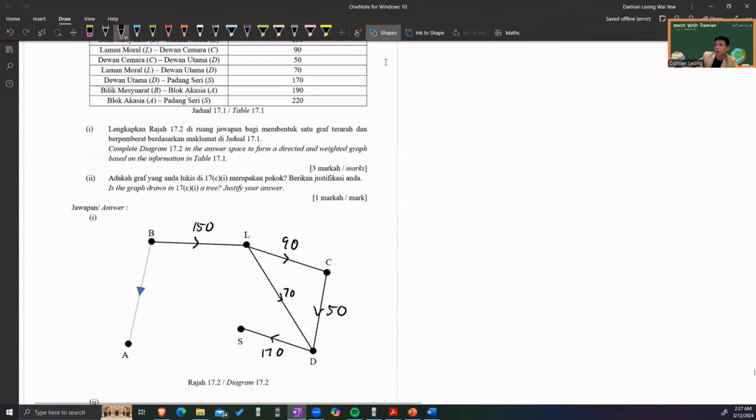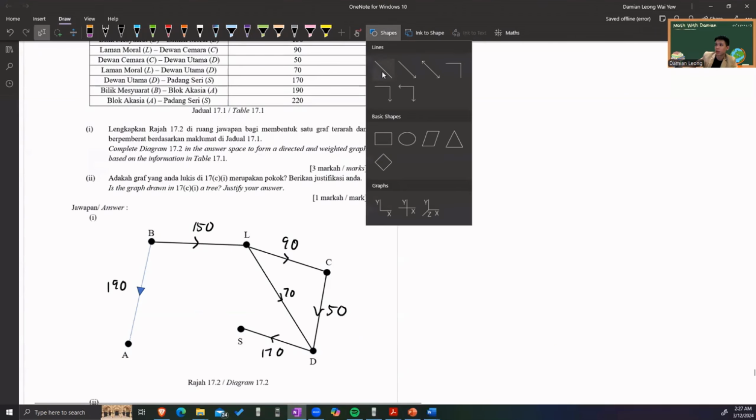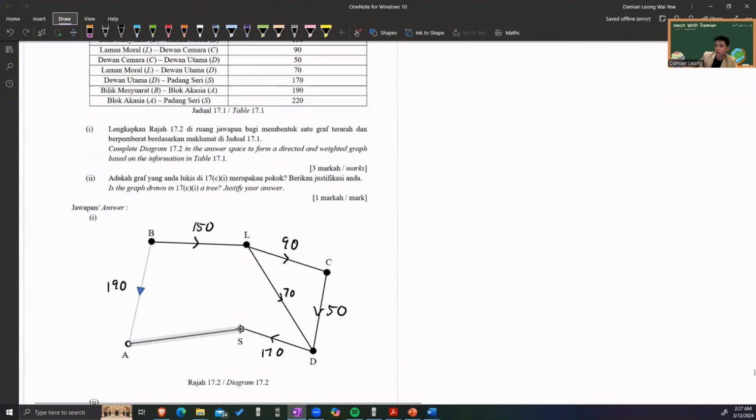B to A, 190. A to S, 220. Yeah, that's the directed and weighted graph.